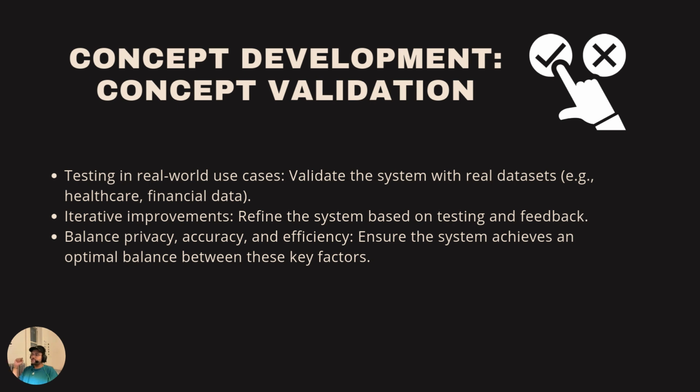A system that maximizes privacy but sacrifices too much accuracy or is inefficient in processing data may not be practical. Therefore, it's essential to find the right balance so that privacy at every level, whether for the patients or for the users, is protected without significant trade offs in the system's effectiveness.